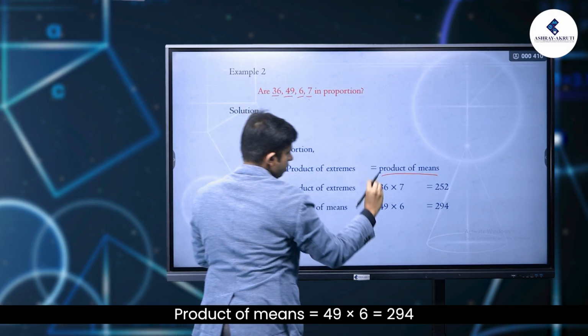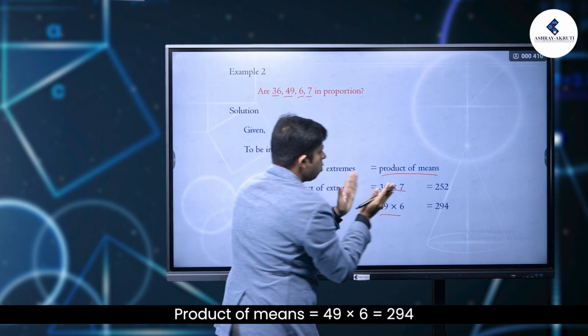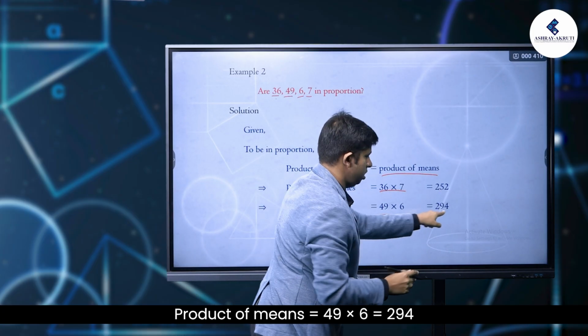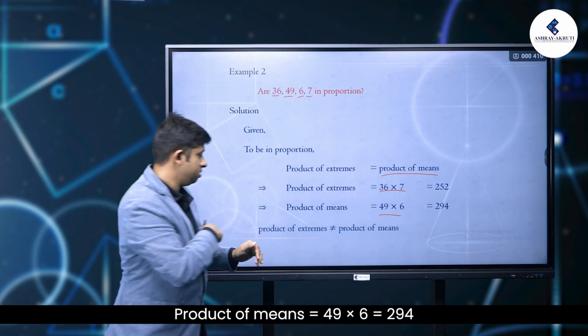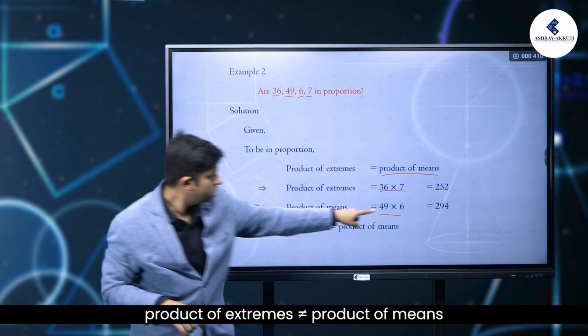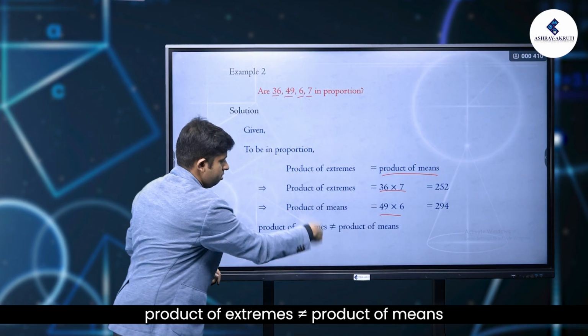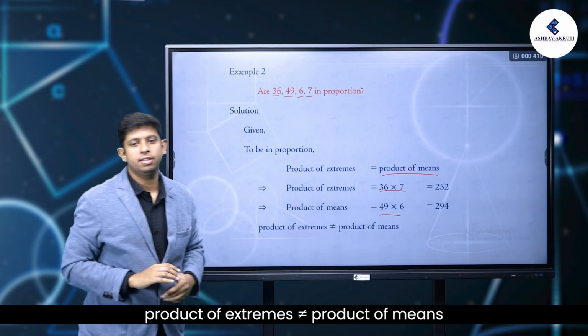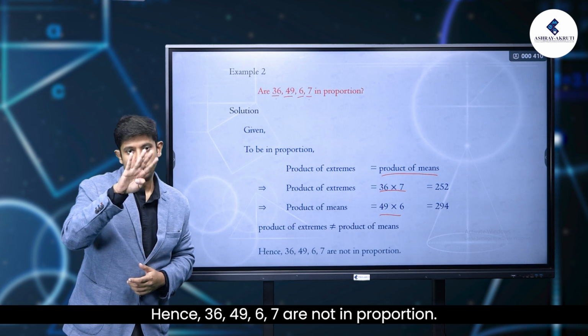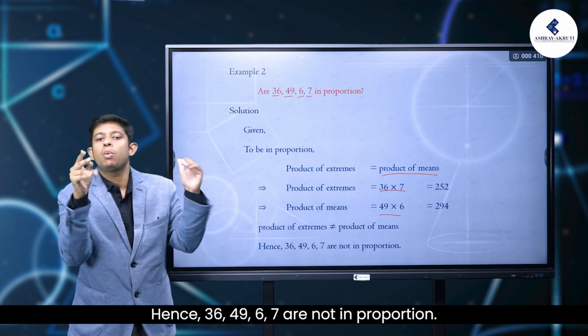Product of means is equal to 49 into 6 equals 294. Clearly we can see that product of extremes is not equal to product of means. Hence 36, 49, 6, 7 are not in proportion.